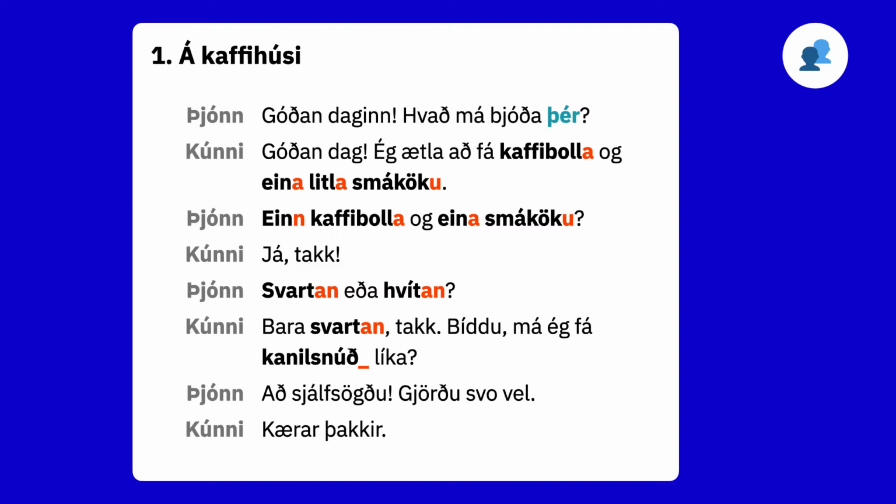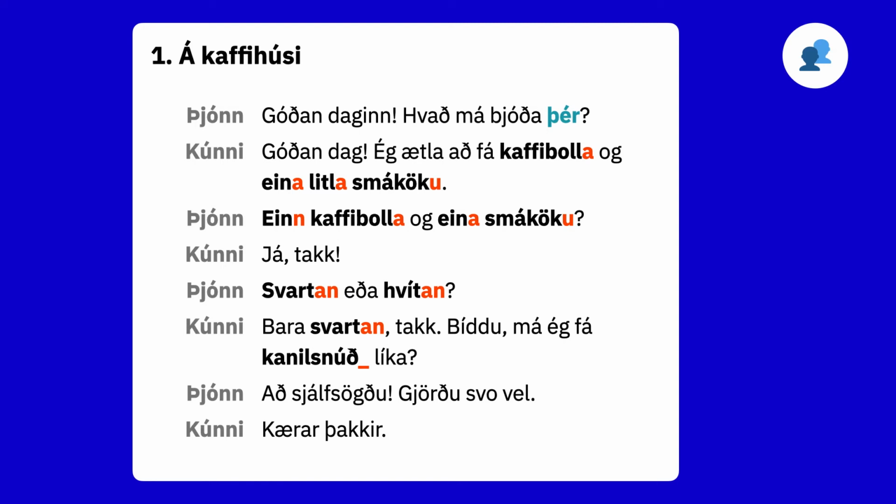So we can see there that all of those words, kaffibolla, which is kaffibolli in the nominative, and then eina litla smáköku, that whole phrase in the nominative would be ein lítil smákaka, have all changed to indicate the accusative case. So ein, the number 1, lítill, the adjective little, smákaka, which is also a noun.